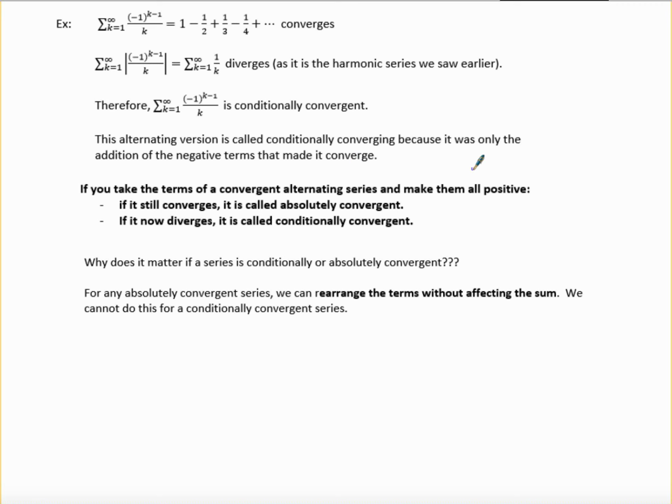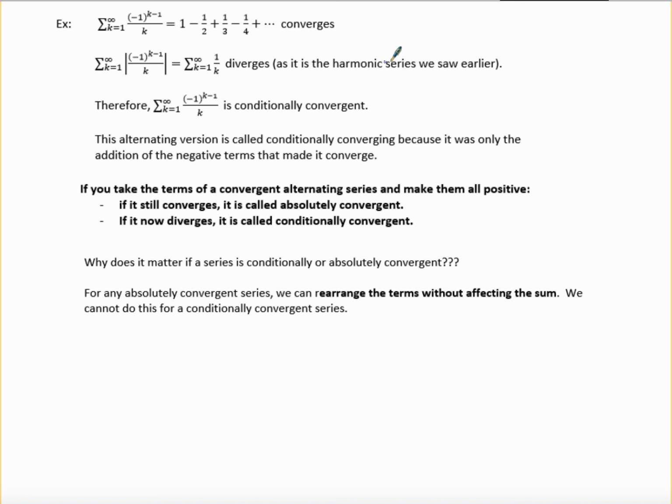For example, this is a problem that we have seen before. We've got 1 minus 1/2 plus 1/3 minus 1/4. See, this is our alternating series with 1 over k. We've shown that this converges. And we also know that the sum of 1 divided by k diverges.